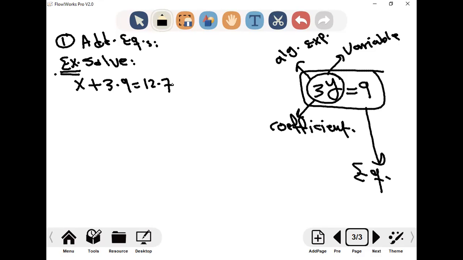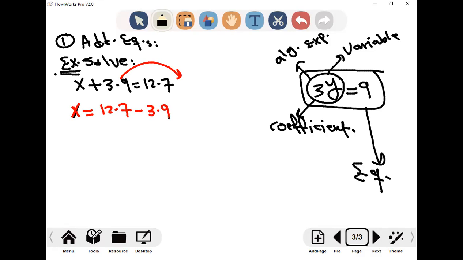So here x equals 12.7. I will shift the 3.9 to the other side. It's a plus here, so it will be minus 3.9.